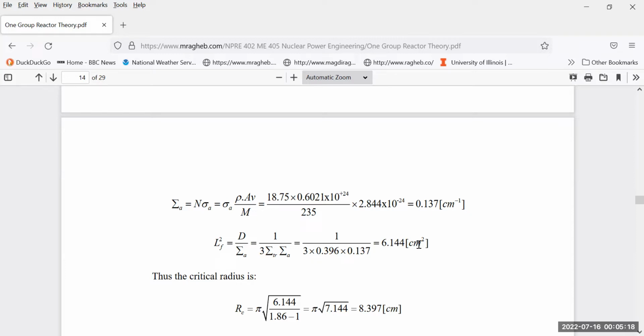So if you are an engineer and you get a critical dimension in millimeters, definitely you think immediately that you need to correct yourself. If you get it in meters, you correct yourself. The characteristic distance here is centimeters squared. If you take 4, the square root of 4 as the L sub F, that's 2 centimeters, the average distance traveled by the neutrons.